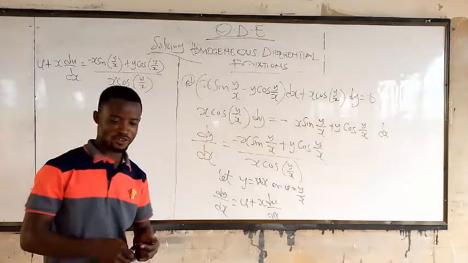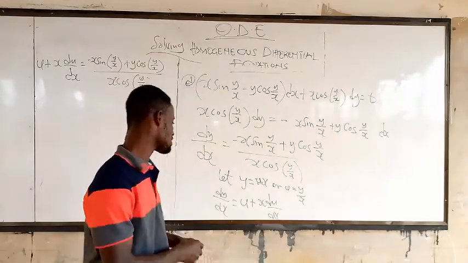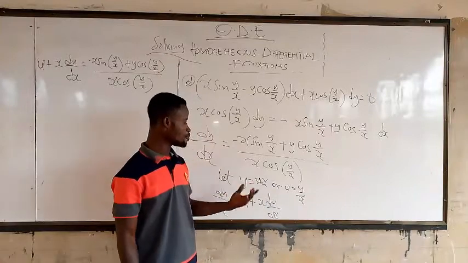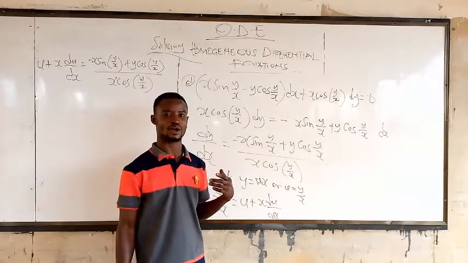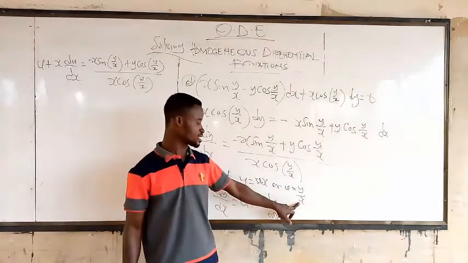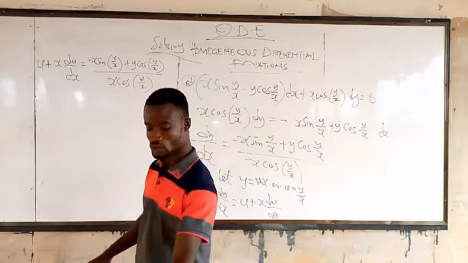Oh, but we have forgotten to do the substitution. I hope you can see that. We are saying that y is equal to ux. That means that wherever you see y, you replace that by what? ux. Or wherever you see y over x, replace that by u. So let's go and do that.